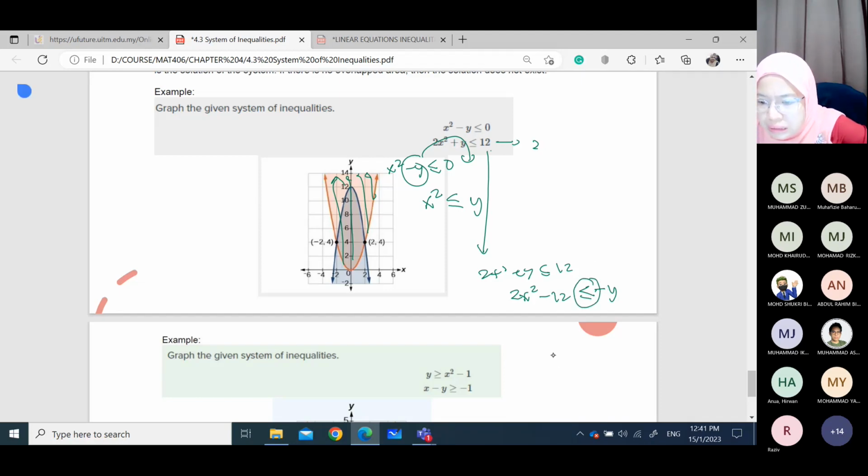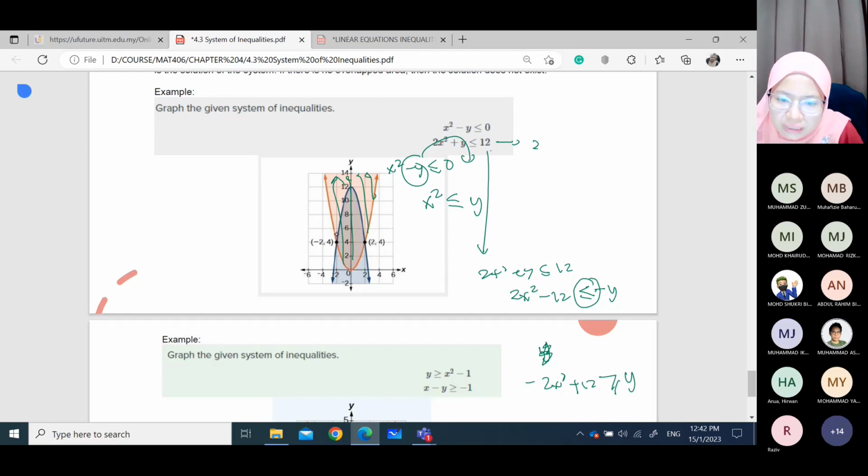Semua kita dapatkan dengan negative 1, so negative 2x squared plus 12 is greater than or equal to y. So y maknanya region dia berada di bawah graph.